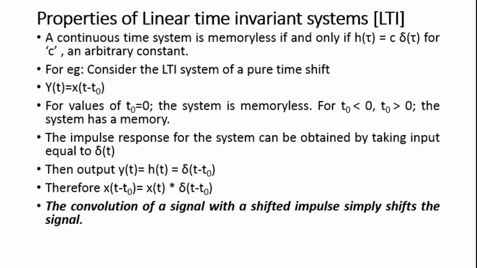The impulse response for the system can be obtained by taking the input equal to δ(t). Then the output y(t) is equal to h(t), which is equal to δ(t − t0). Therefore, x(t − t0) is equal to x(t) convolved with δ(t − t0). The convolution of a signal with a shifted impulse simply shifts the signal.